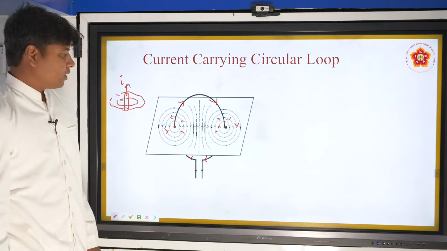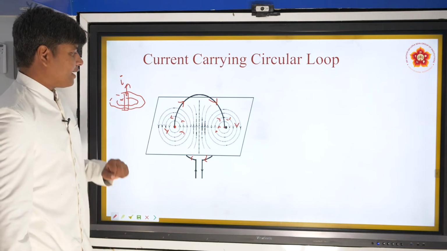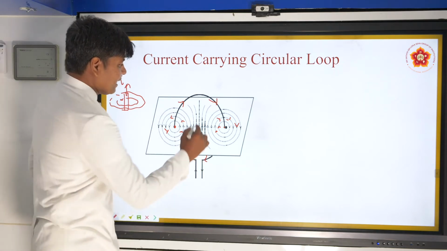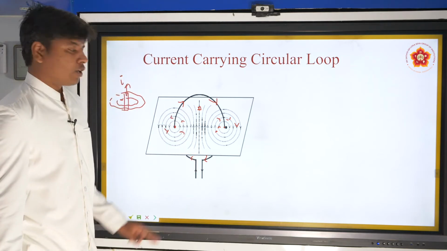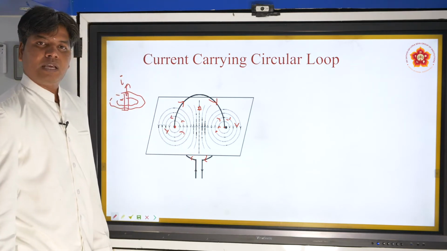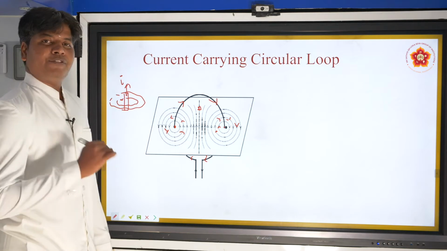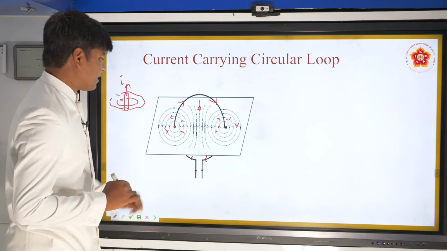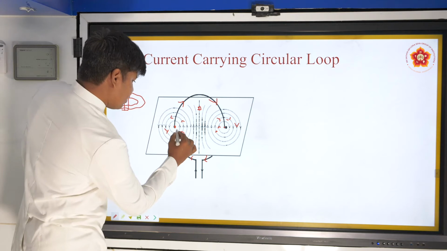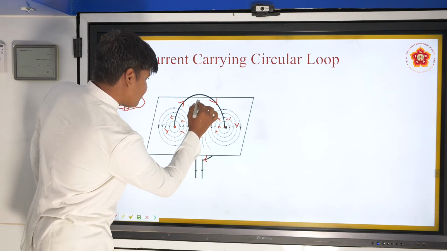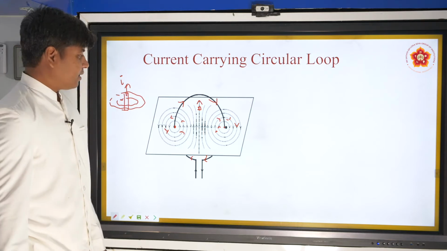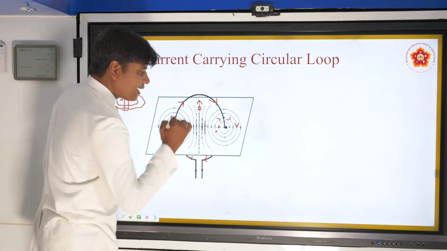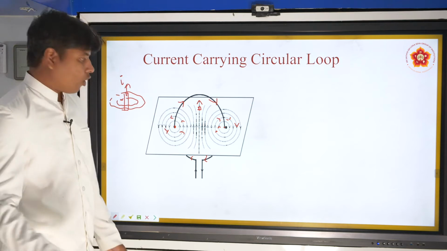Understood? Now the key point here is, if I place the north pole of a magnet here, how will it feel the force due to this magnetic field? You can see, due to this magnetic field it will feel a force upwards, right? Now due to this magnetic field, also upwards.